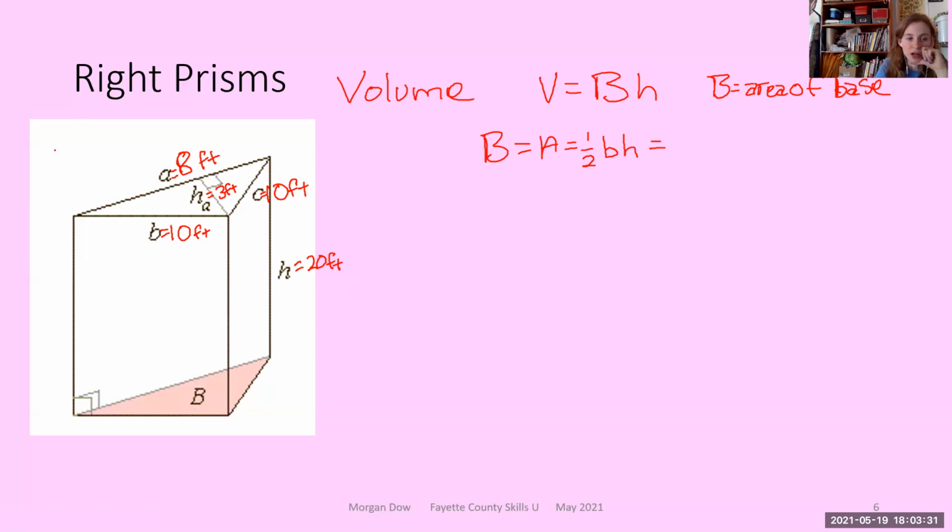So if you look at this triangle and ignore the rest of the shape, I've told you that this here is 8 feet. This side is 10 feet. This side is 10 feet. And then this is 3 feet.